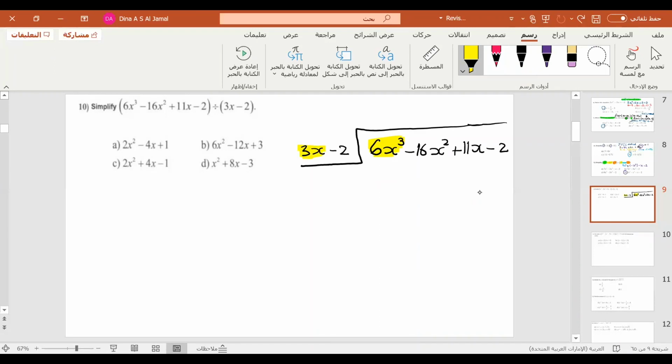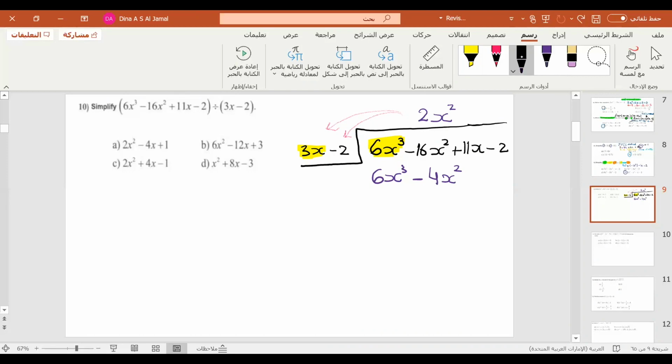So 6x cubed divided by 3x, it will be giving 2x squared. Then if you multiply it again now, it will be 6x cubed minus 4x squared.